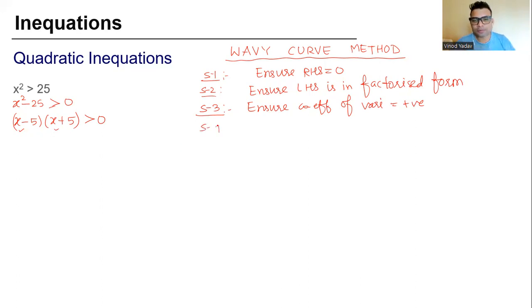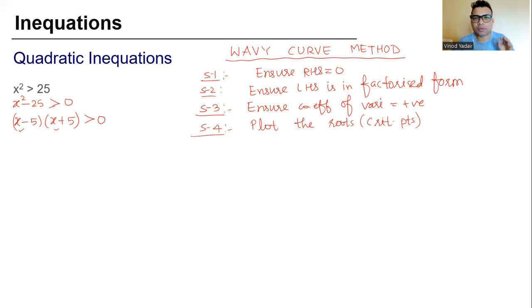Step 4: plot the roots or the critical points, whatever you want to call them. Roots, I hope everybody is very comfortable by now; we have discussed them so many times. I'll repeat once again: those values of x for which y is 0.